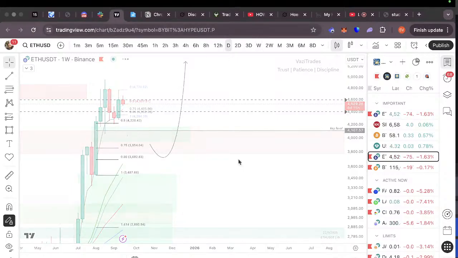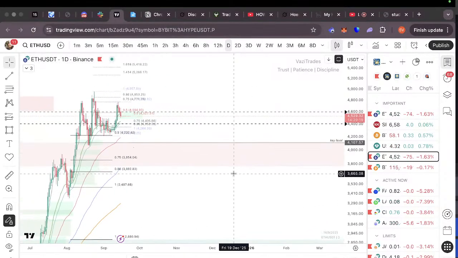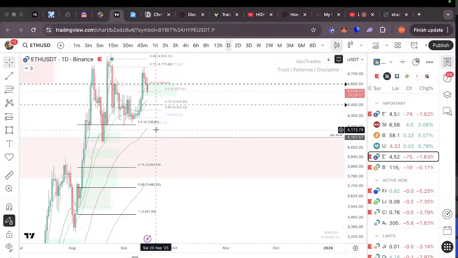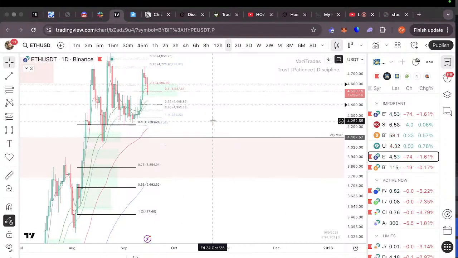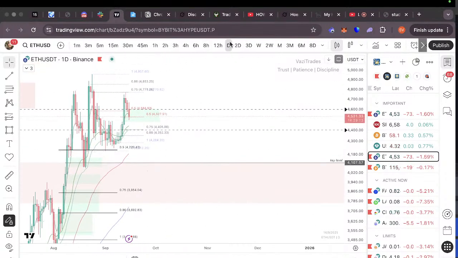So altcoins, now we'll go to alts and see what is going on with altcoins. But yeah, this scenario only if on the daily, 3D, and weekly time frames we see a strong close below 4,400, 4,352.